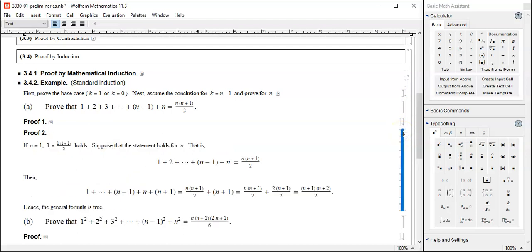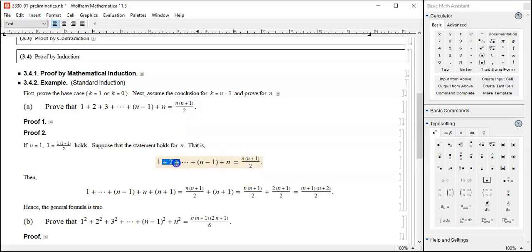Okay, here we go. The base case, of course, n equals 1, that's simple. And then for all the way up to n, we just assume this entire thing.